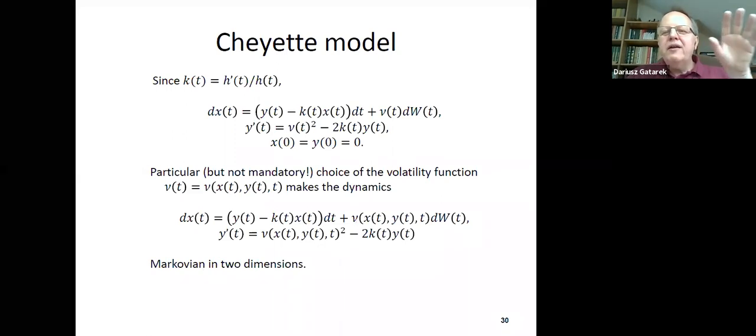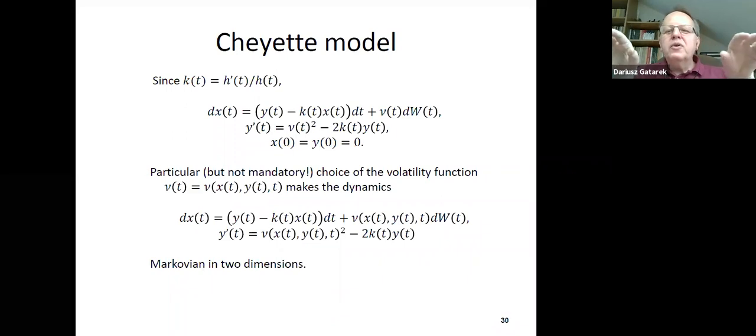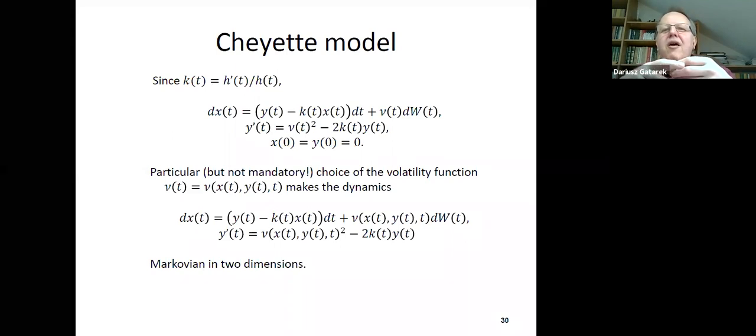So we are very close to the pure local volatility, when we have a one-to-one representation between option prices and the volatility function. Yes, and this is the task of that model.